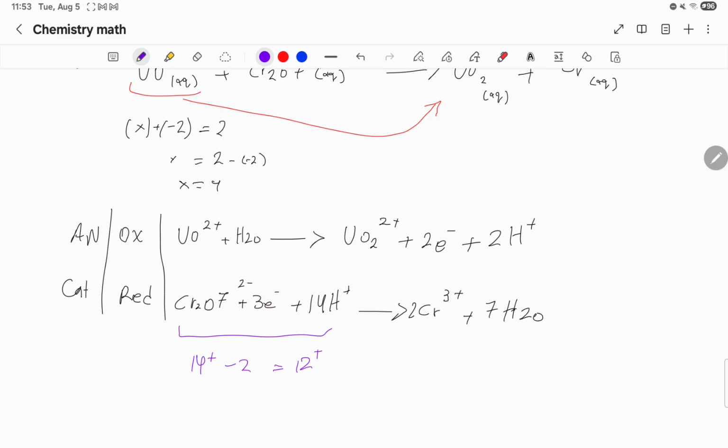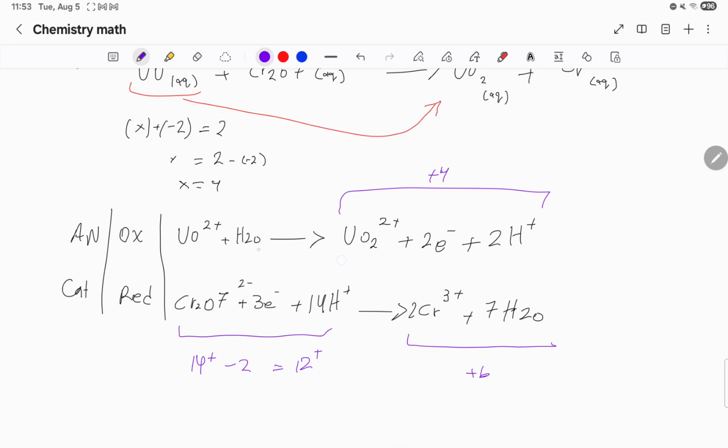Don't count the electrons for now. The charge on this side is what? Well, it's 3 plus, but we have 2, so it's +6. What is the charge here? Well, the charge here is 2 plus, and another 2 plus, so that's 4.